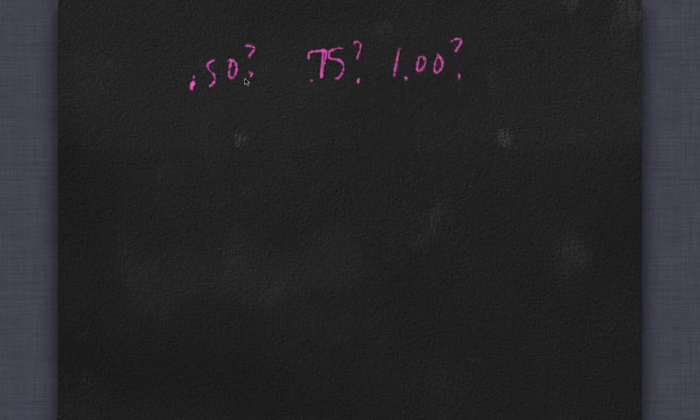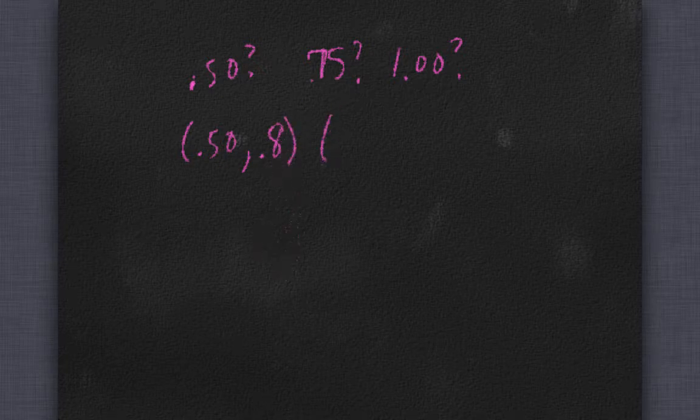So you'll get these kind of points that say, well, at 50 cents, X number of people will buy it, or X percentage of people. So if it's, say the percentage here is 0.8, and then you have 0.75, so 0.75, 0.7.